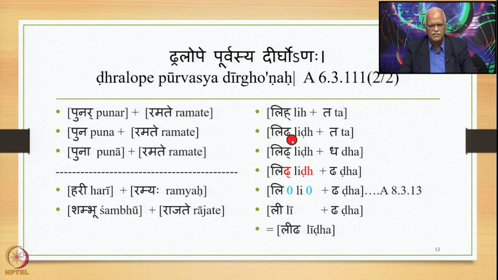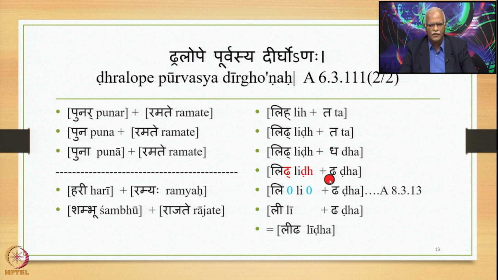This ha gets substituted by dh by the sutra hodhaha. Then because of this dh, this ta gets substituted by dh. So we have this sutra, namely jashastathor dhodhaha, which does this. So we have lidh plus dh. Then shtunashtuhu applies and substitutes this dh by dh. So we have lidh plus dh.